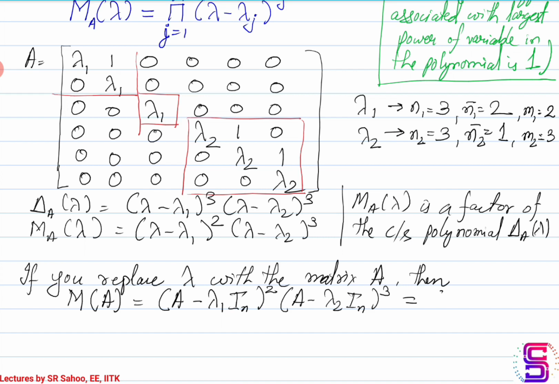Now this turns out to be a zero matrix. Okay, you can verify this. This can be proved. I am skipping the proof as of now, but this is what you get.